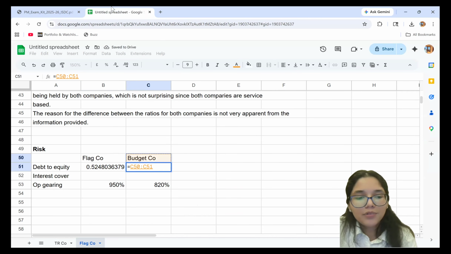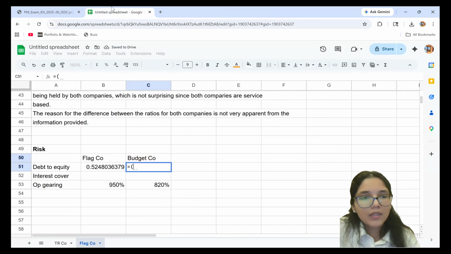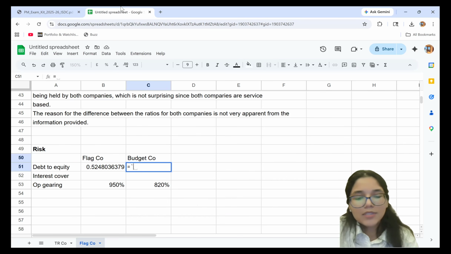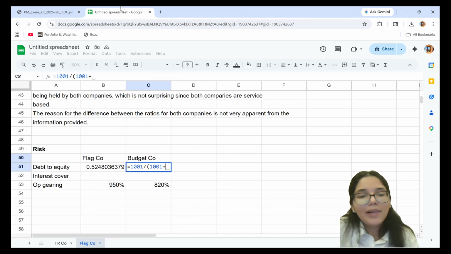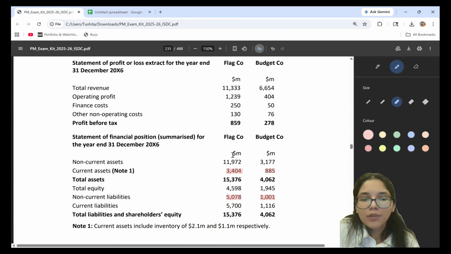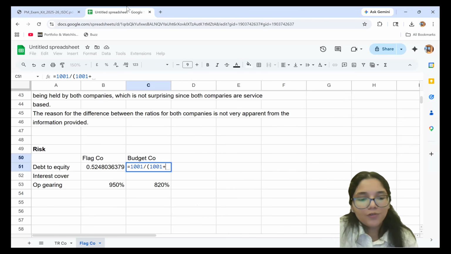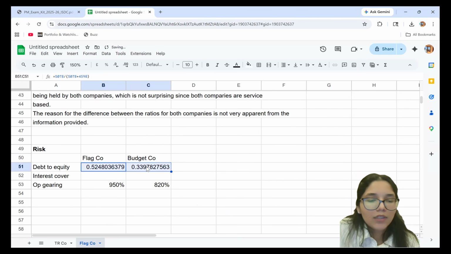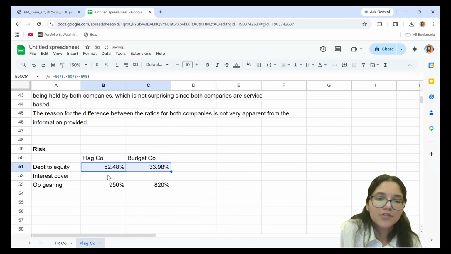Then for Budget company, the debt that we are given is 1001. I divide this by 1001 plus the equity. The equity portion is 1945. Hit enter. This is what it will look like in percentages.